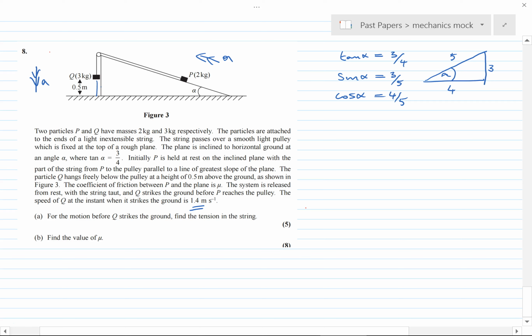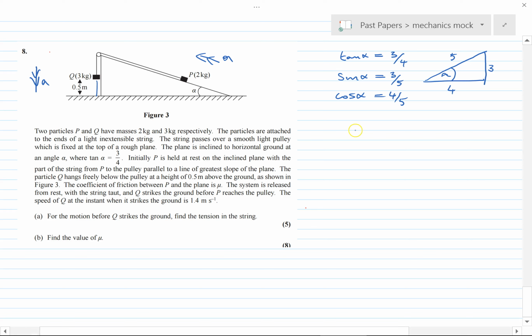It wouldn't be possible to go any other way. So let's work out the acceleration of this, because we're told what that is. Then we can just set up our F equals ma equations for part A and B, and it should come out nicely.